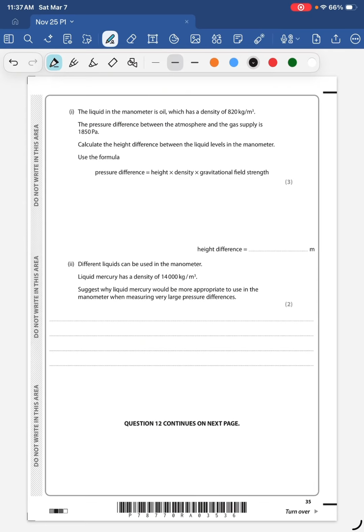Okay, so we can write that 1850, and I'm not going to use units now, is equal, which is the pressure difference, right? Is equal to the height that we need to find.